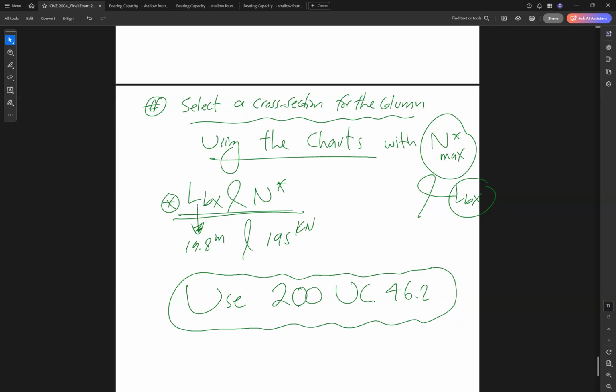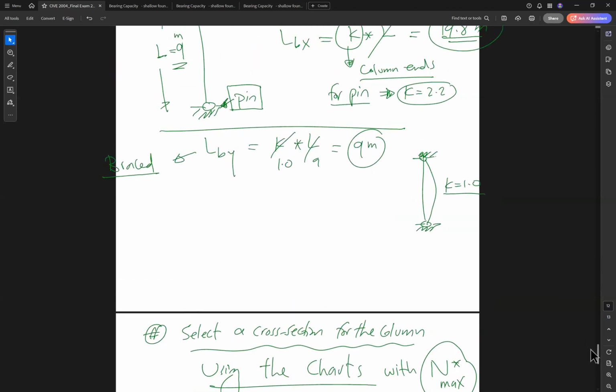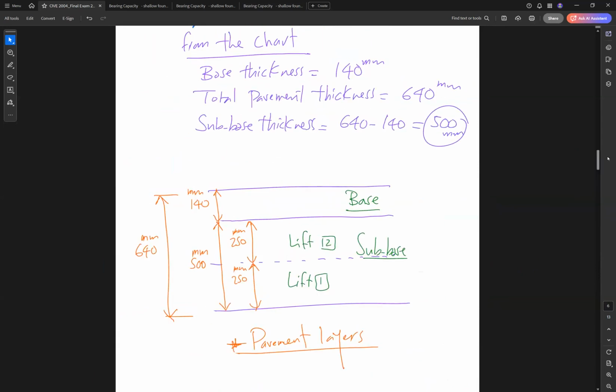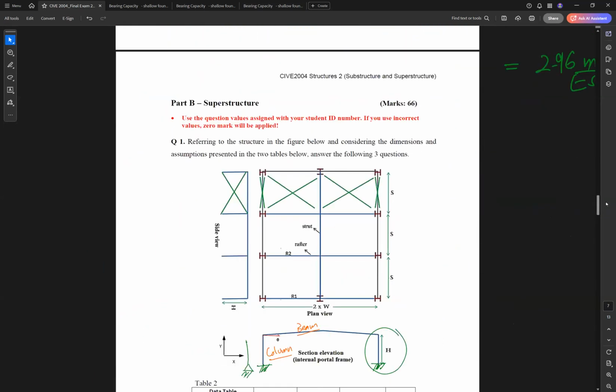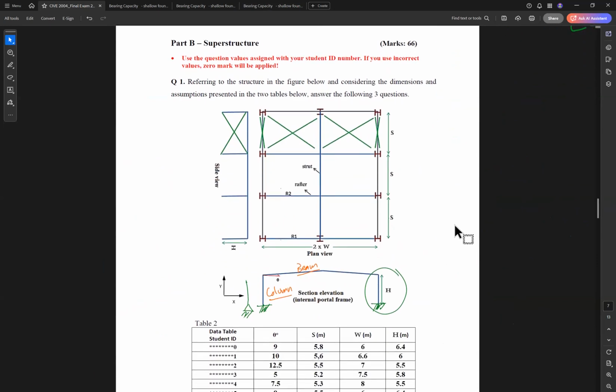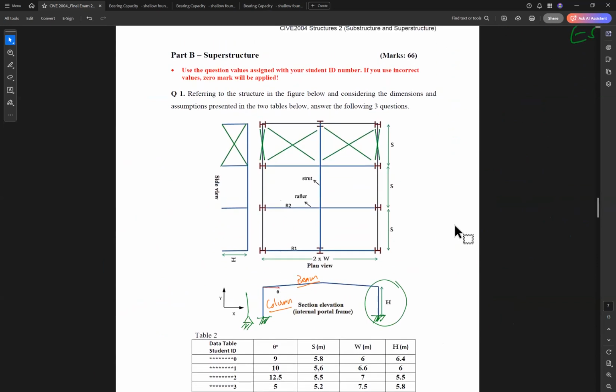Can we just go over the basics of what's going to be covered in the test, so we know what to revise for? Yep, okay. So for the superstructure part, mainly we will have the questions I already explained: the calculation of beam loads and load combinations.